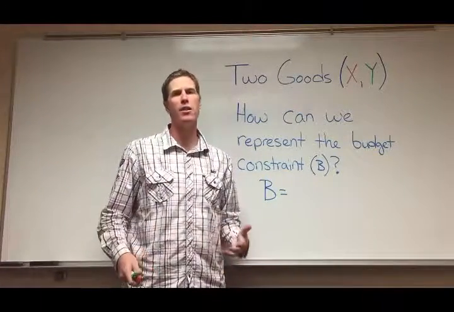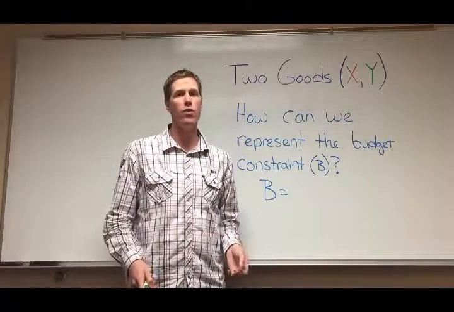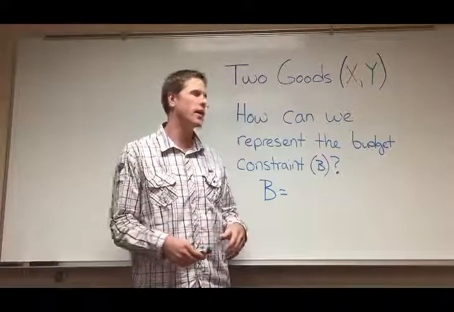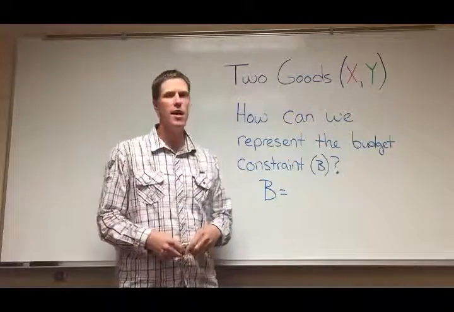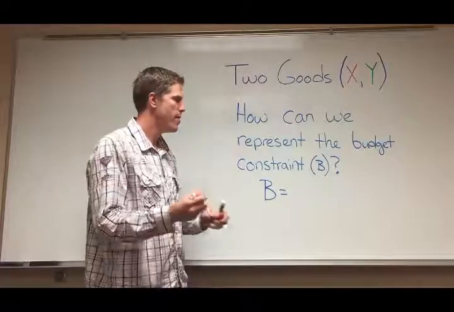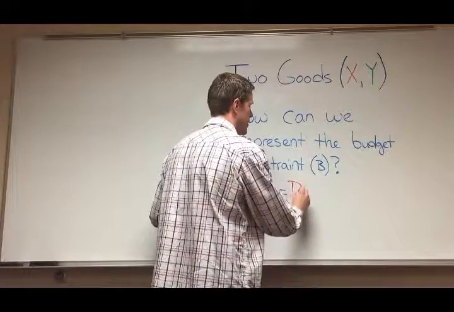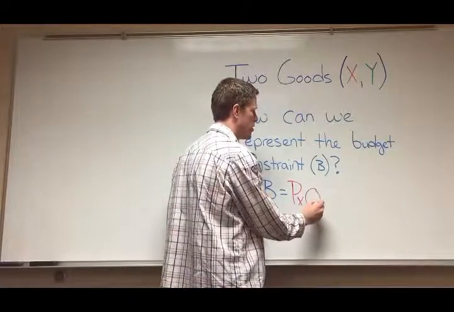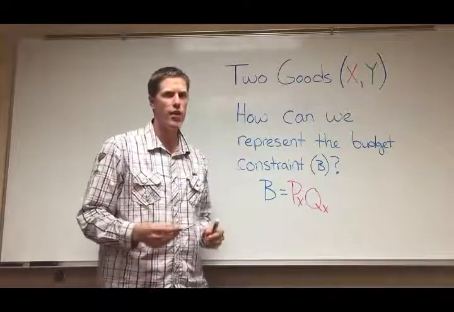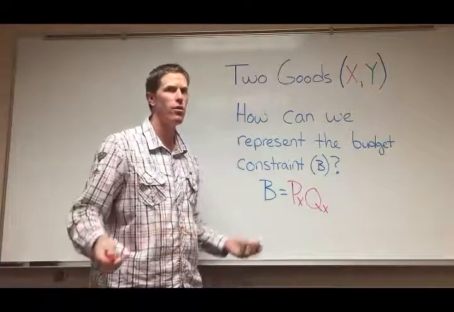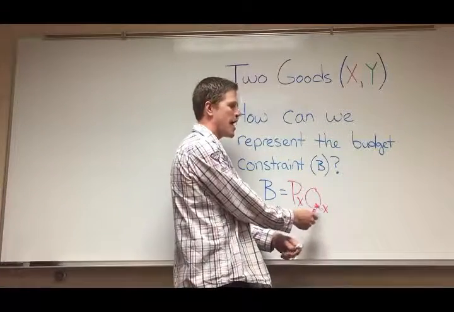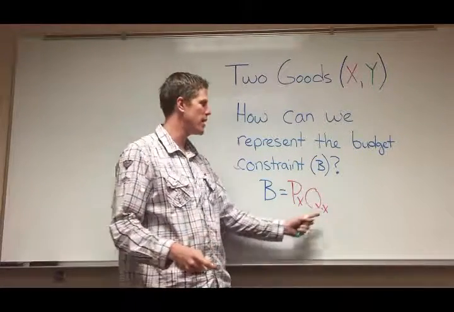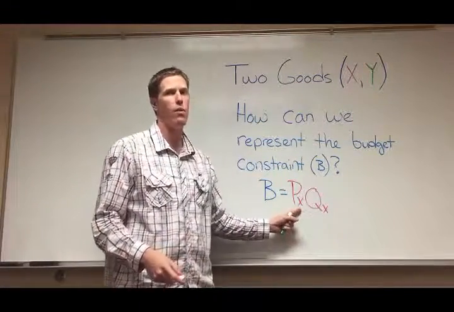It's going to represent how much money we have to spend on those two goods, X and Y. So the total amount of money that we have, our budget constraint B, has to be equal to our price of X multiplied by how much X we are actually going to consume. If we spend some money on X, we have to ask how much money total did we spend? How many goods did we get multiplied by what was the price?